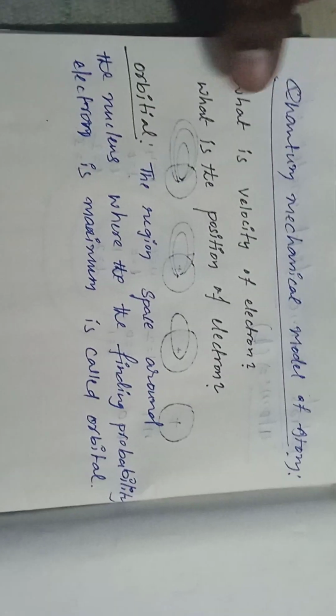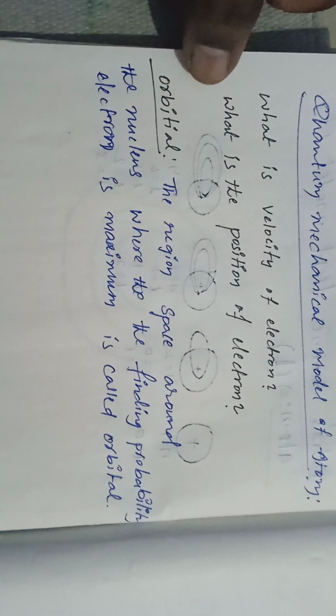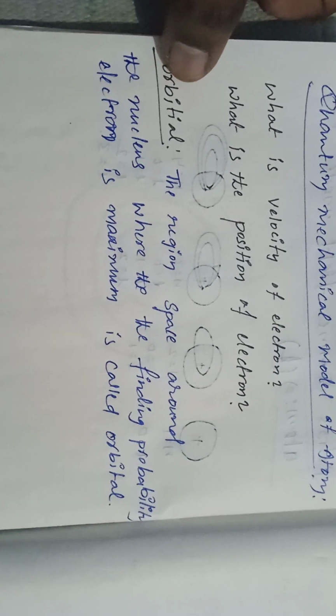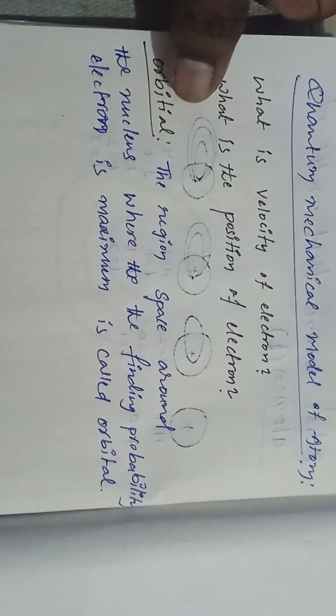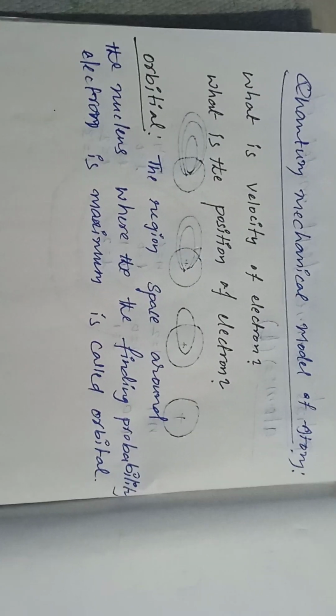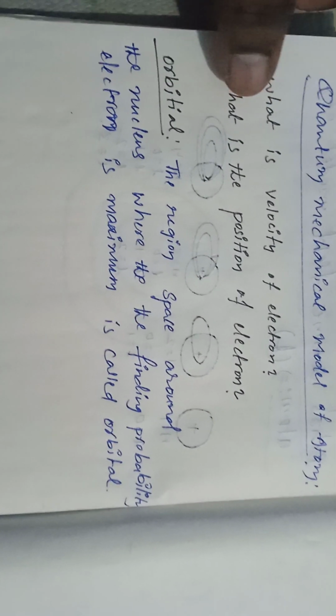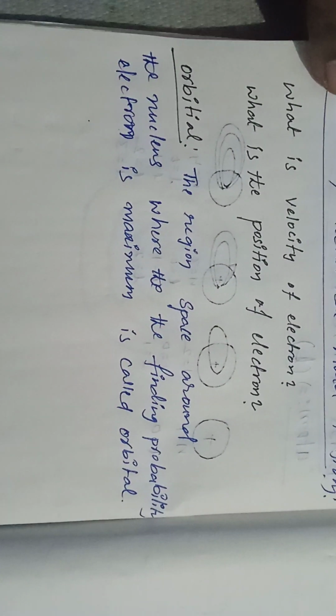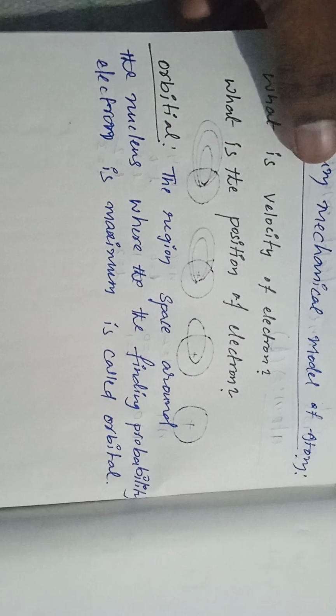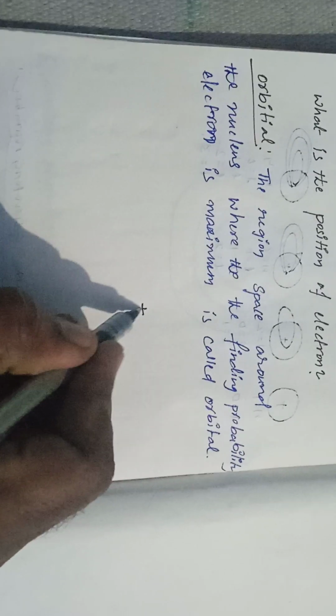That's why Erwin Schrödinger, instead of orbits, introduced the orbital. What is meant by orbital? The region of space around the nucleus where the probability of finding the electron is maximum is called an orbital. For example, this is the nucleus.